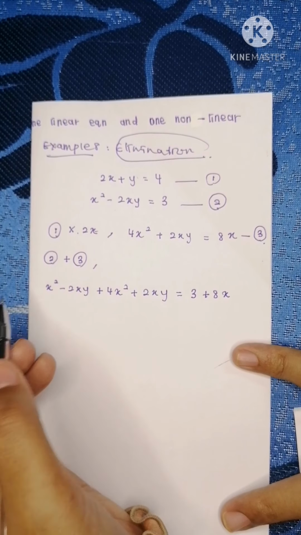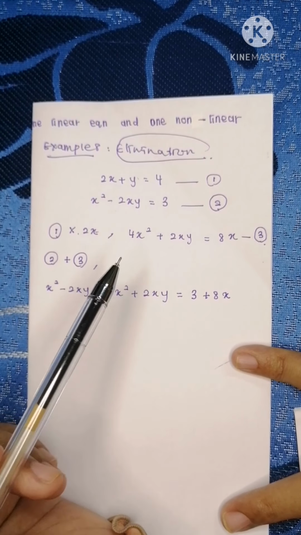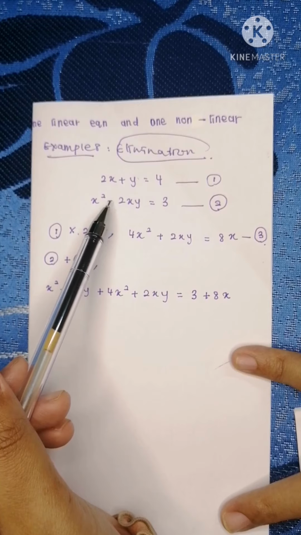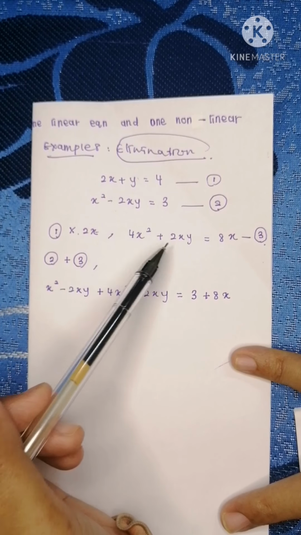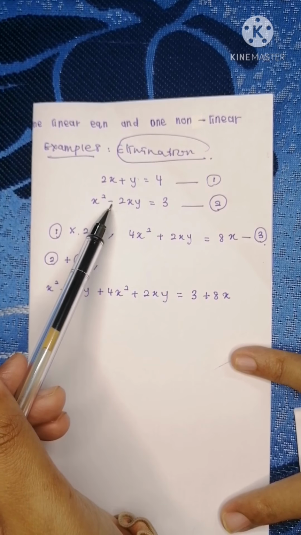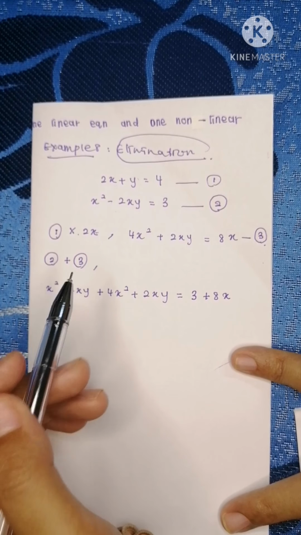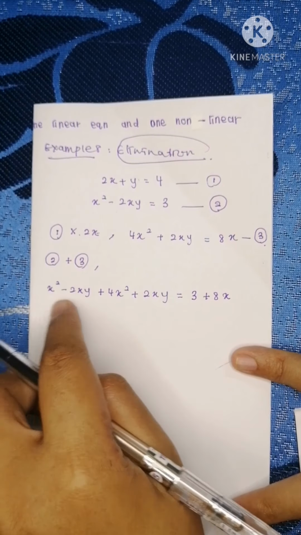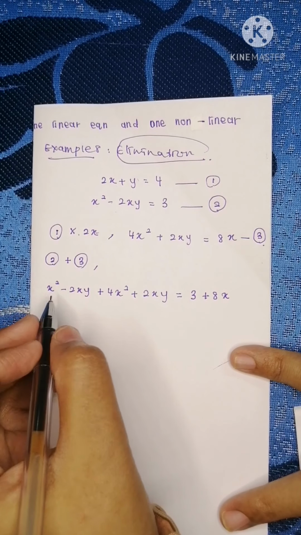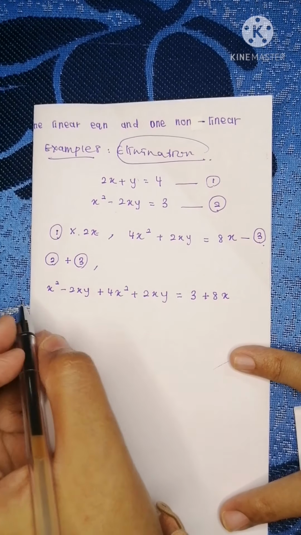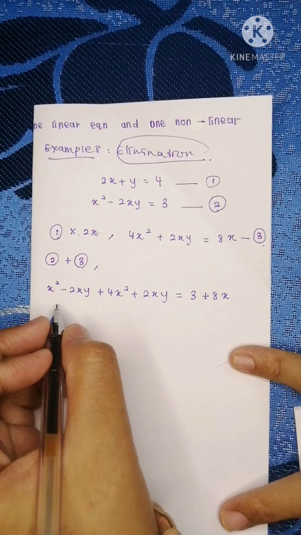Okay, now what should we do? Before that, why I make this one positive and this one negative is so that we can eliminate later on. You will see clearly after I solve this equation. So x squared and 4x squared, so we can add them.